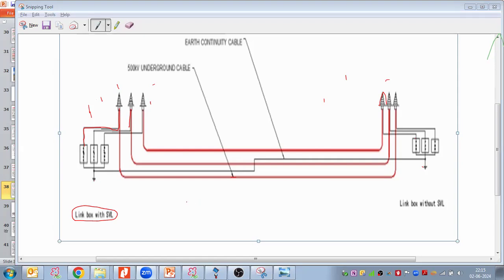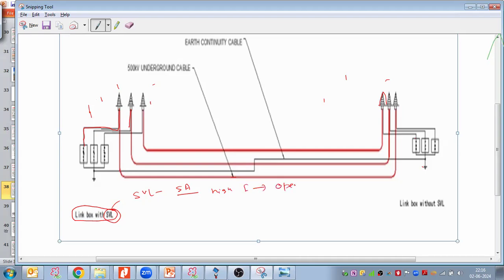Here you are using the SVL. SVL means what? Surge arrestor. A surge arrestor means high impedance. It means open circuit, so it provides the open circuit.